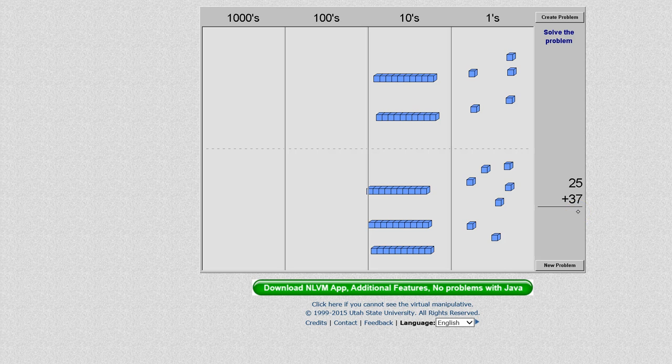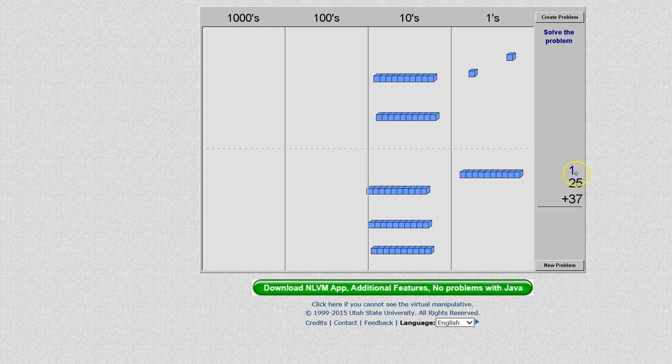To combine these amounts, we're going to need to regroup anything where there's more than 10. So remember, we have more than 10 ones, so we want to regroup that into one rod. I have 7 here, I'm going to bring 3 a little bit closer. And then we call this lassoing them. I'm basically clicking and dragging around here, and it turns it into a rod.